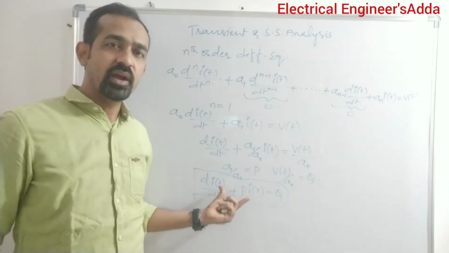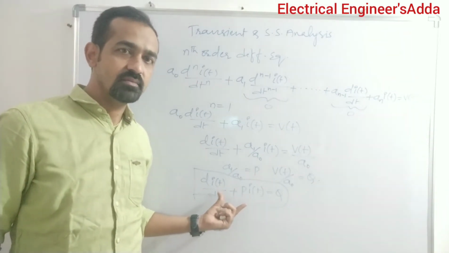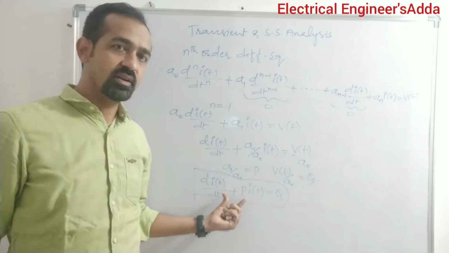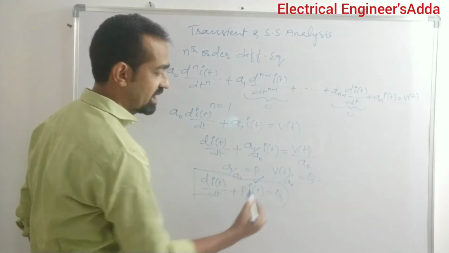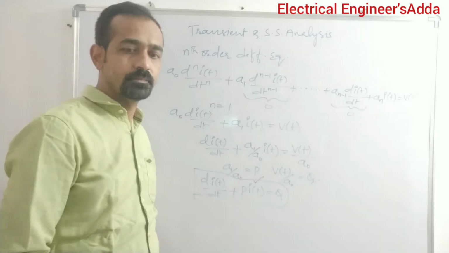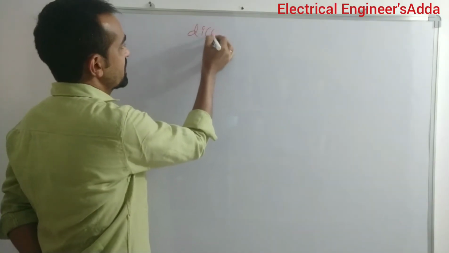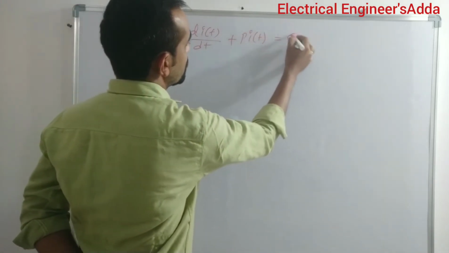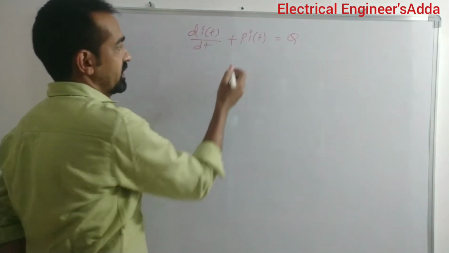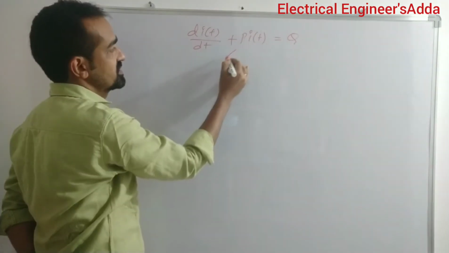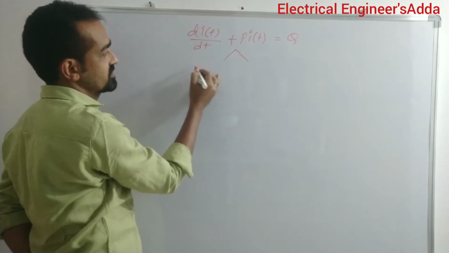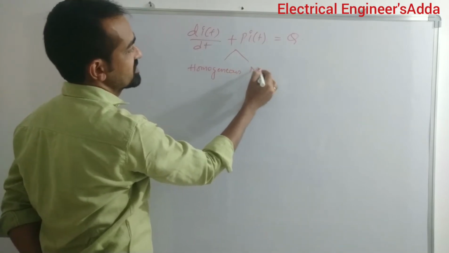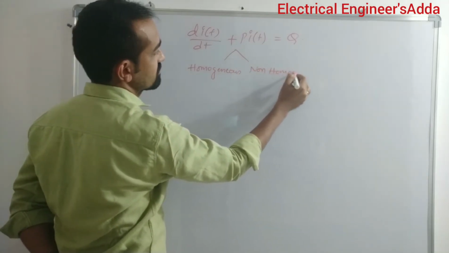This is the first order differential equation. Here we have to find the solution, which means we have to find the value of i(t), for di(t)/dt plus p i(t) equal to q. This differential equation is of two types: homogeneous first order differential equation and non-homogeneous first order differential equation.